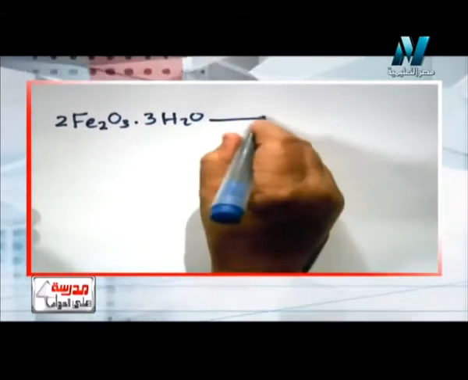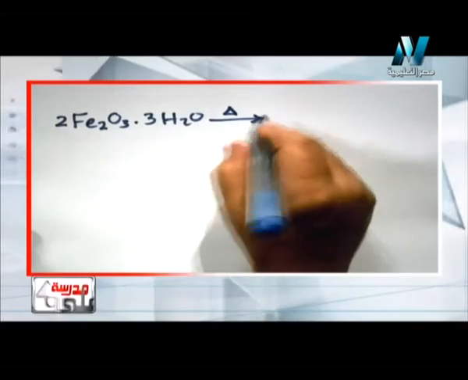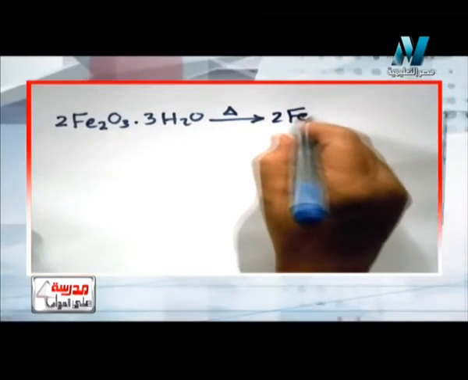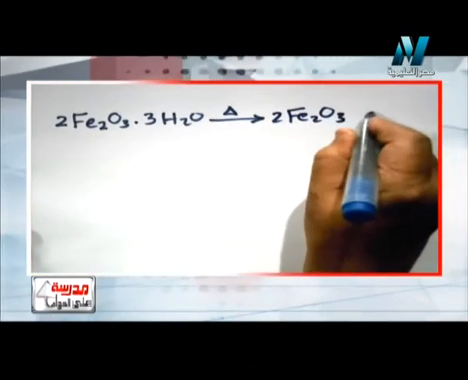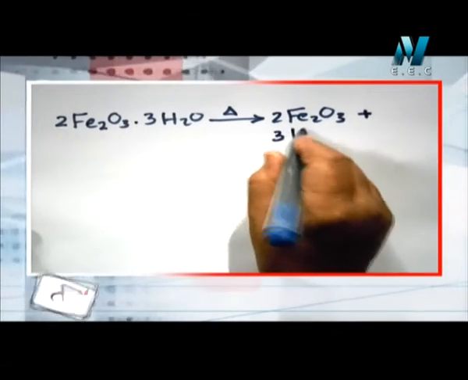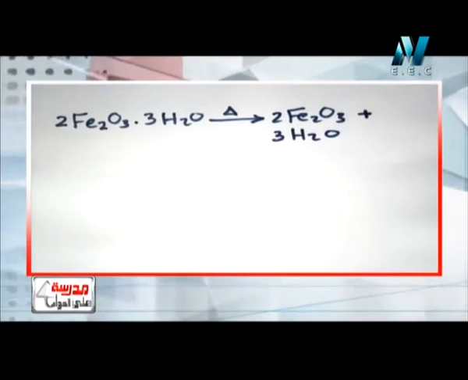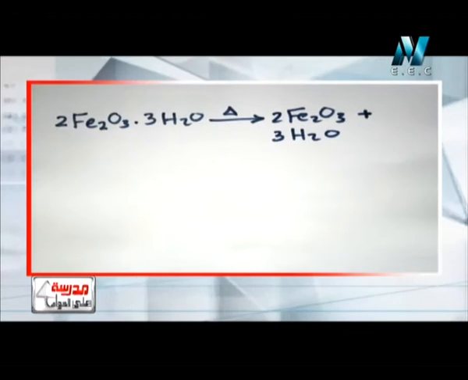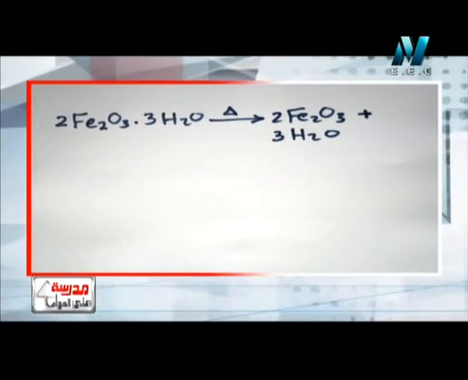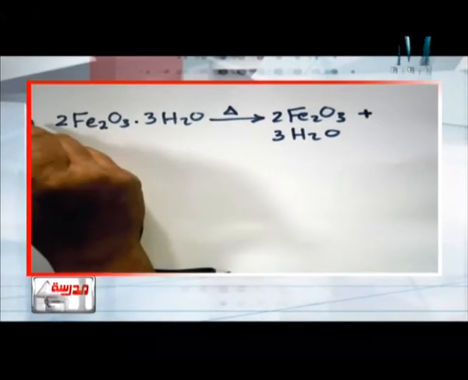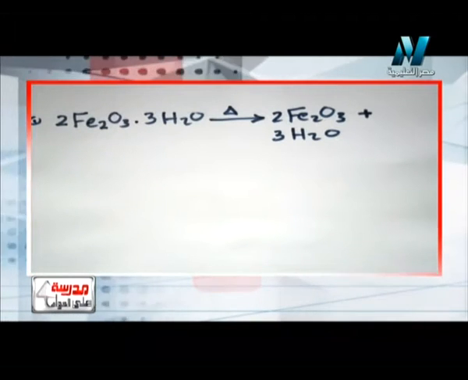By strongly heating, the water evolves and we get 2Fe2O3 plus 3H2O. So we get rid of water. Number 2, how to increase the percentage of the iron? By roasting.